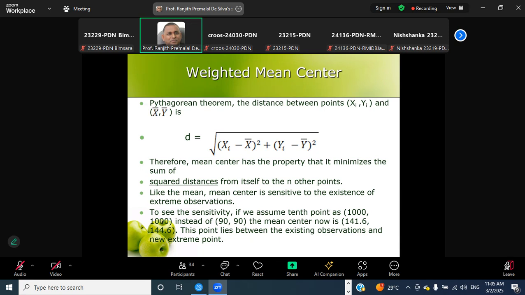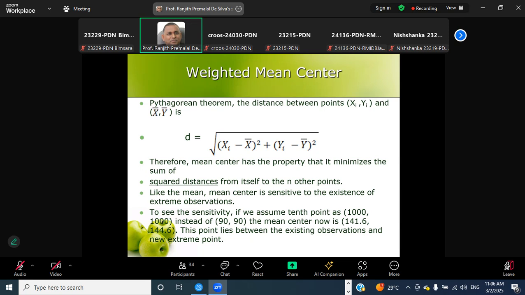So if you look at the simple Pythagorean theorem between 2 points, you take the x distance squared plus the y distance squared, add these two together and take the square root of it. Right?